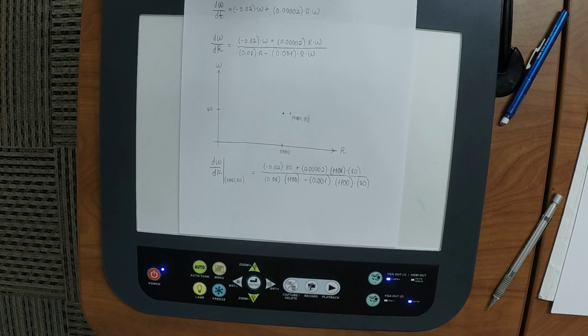So type that into the calculator there. 80 plus 0.00002 times 1100.